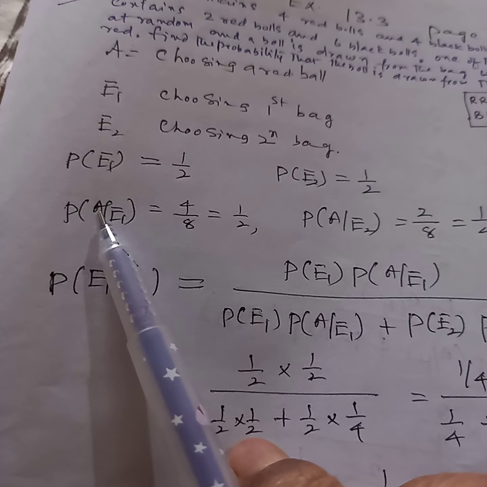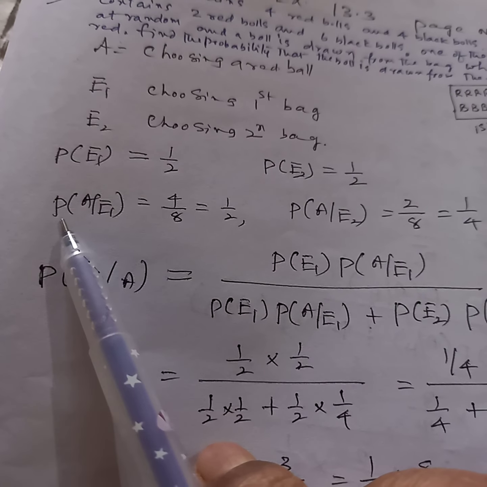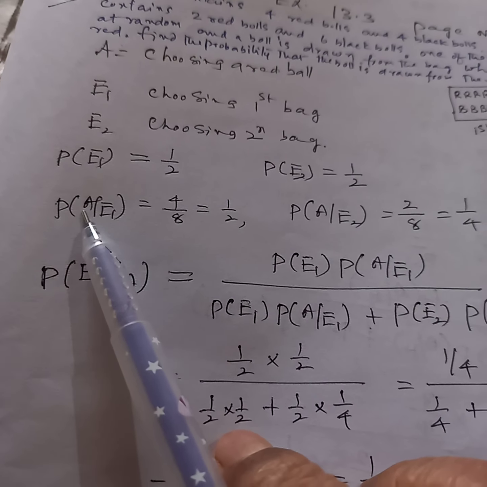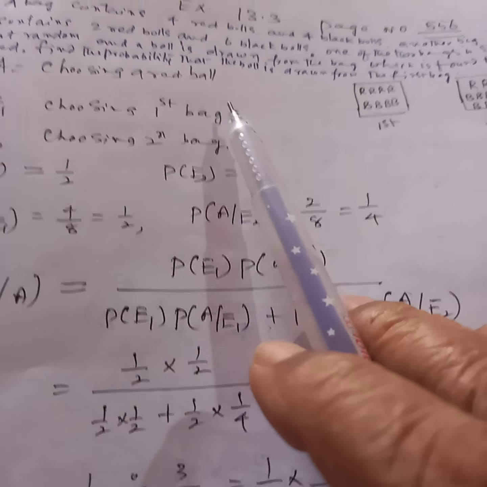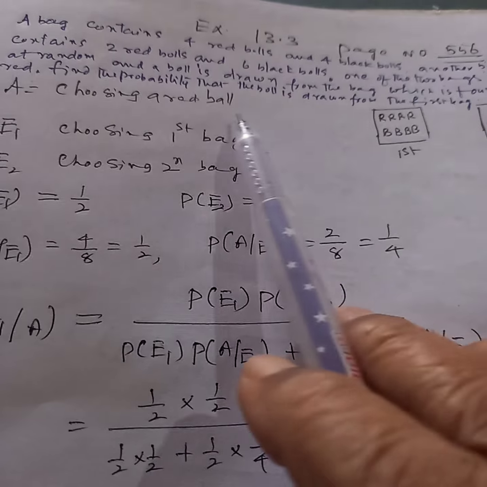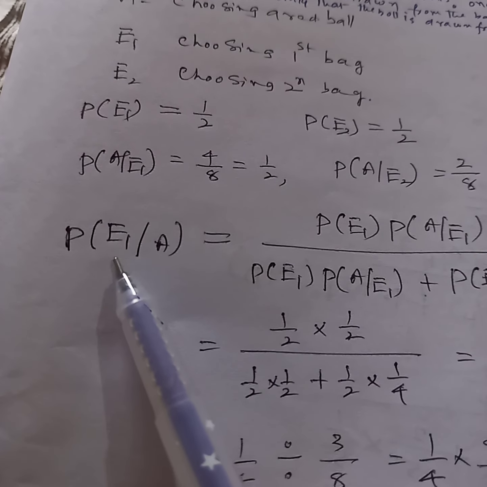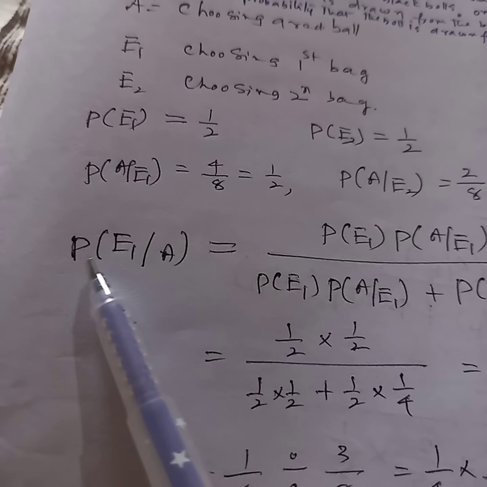See, A refers to choosing a red ball and E1 refers to the first bag. The probability of choosing a red ball from the first bag is half. Now we have a formula. What we have to find out is the probability that we have chosen the ball from the first bag, that is P(E1|A).